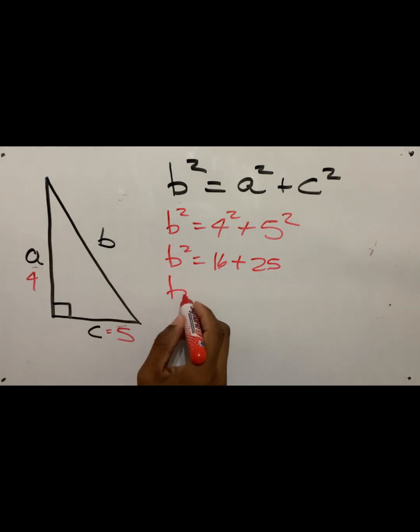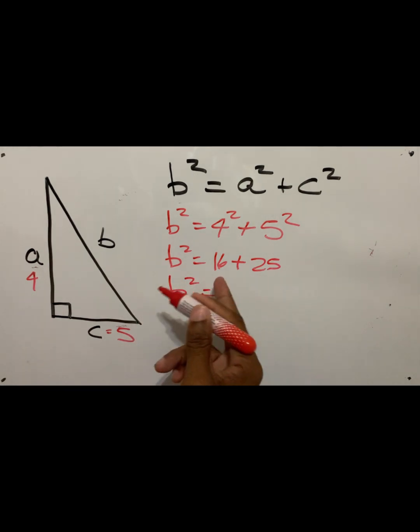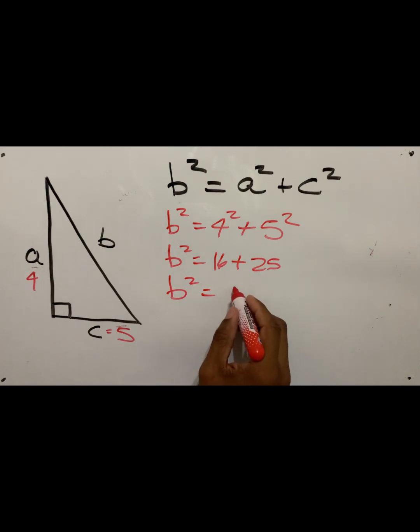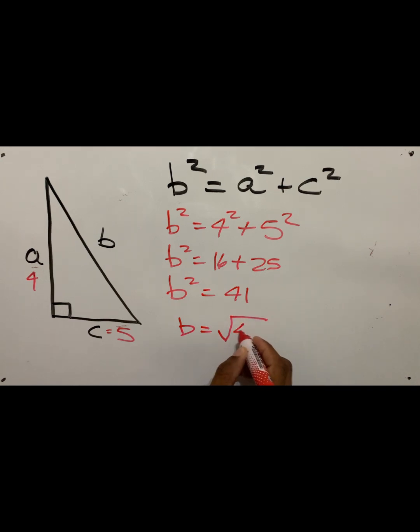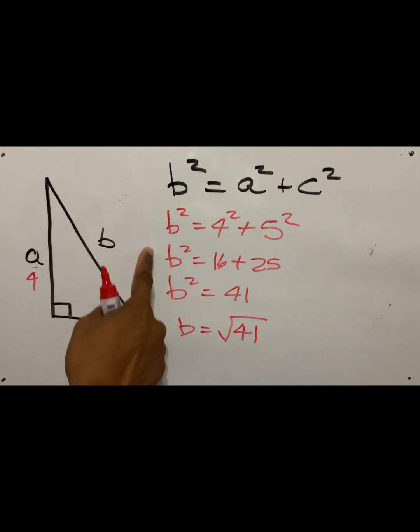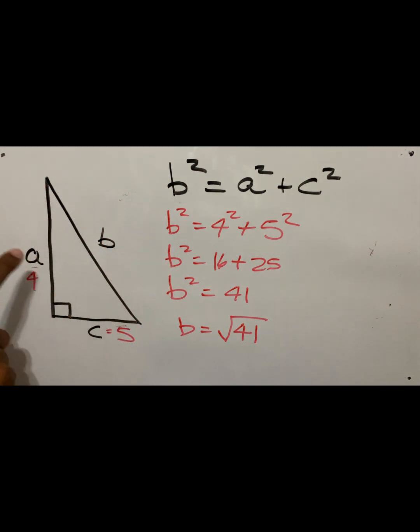So we have b squared is equal to 16 plus 25, that is equal to 41. So b is equal to the square root of 41. We can always use our calculator and work this out. So this is how we worked out the hypotenuse if we know this length and this length.